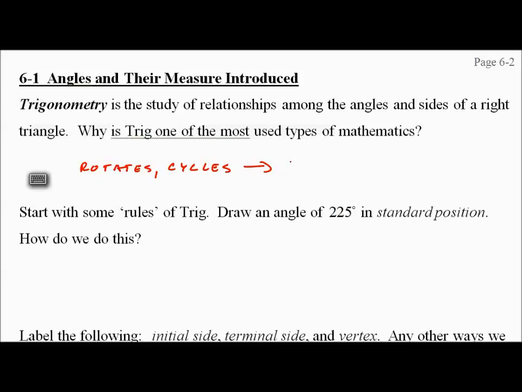Your heartbeat, the world around the sun, the world around its axis, the moon around the world. Any engine, motor is going to be cycling, rotating. And trig is also very useful, as we're going to show, with anything with a right triangle.